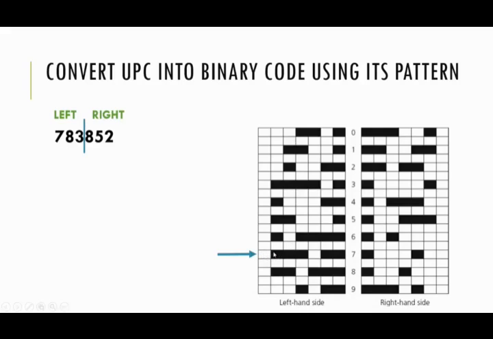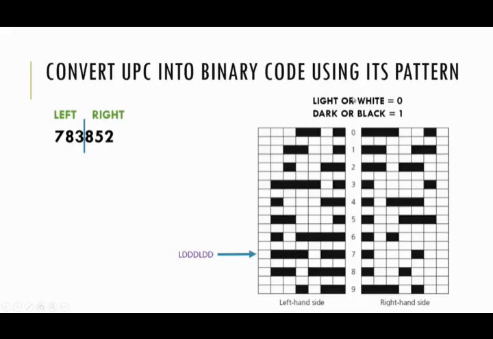Now how to read this pattern is that, do remember that every light area, that light means white or any light color, is 0, and every dark or black is 1. So if we change this one into binary, it will be something like this: light, dark, dark, dark, light, dark, dark.